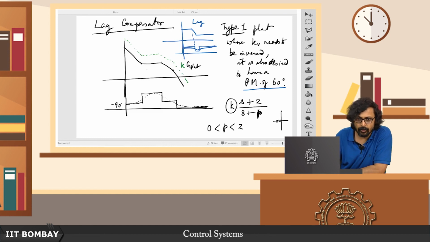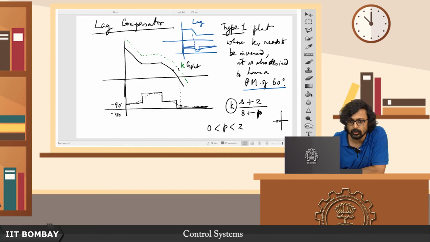But now you see that after lifting it up here, my gain crossover frequency has moved a bit to the right. If my gain crossover frequency has moved to the right, I better be careful, because as I go to the right, I am getting closer and closer to minus 180 degrees.